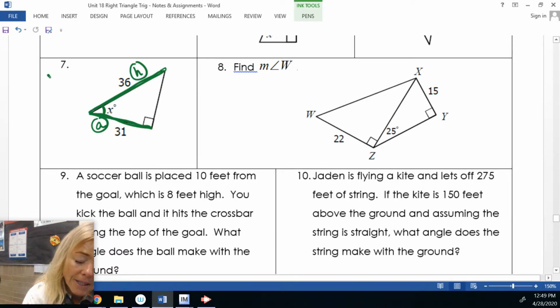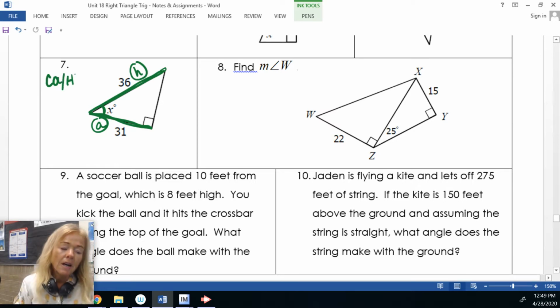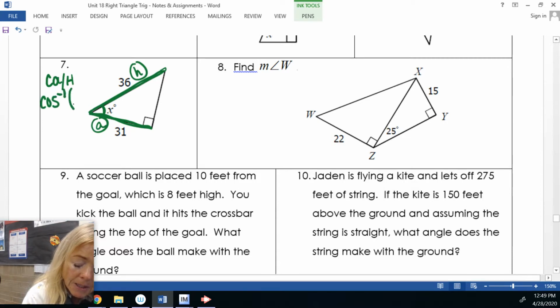That's cosine, right? So CAH, so SOH CAH TOA. Cosine is your adjacent divided by hypotenuse. So what we'll do is we'll set up our cosine inverse, and that is going to be what our x degrees is equal to. Cosine inverse of adjacent to hypotenuse, 31 to 36.